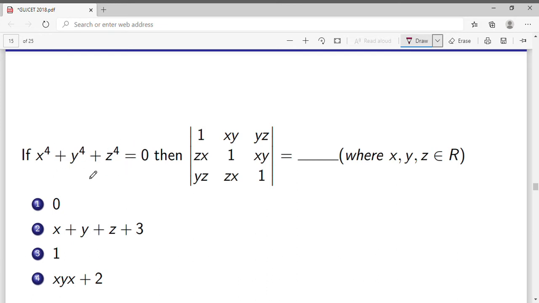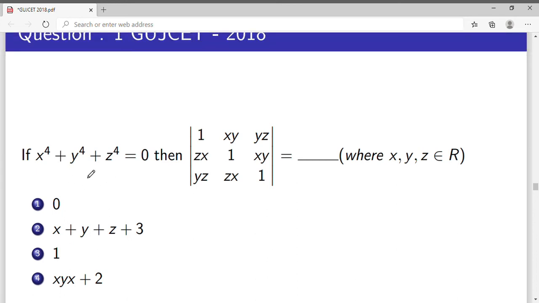So if we put values of x, y, z except 0, or any two values are 0 and the other value is non-zero, we get a result not equal to 0. So this condition is fulfilled only for one choice: x is 0, y is 0 and z is 0. Now we have to use this value to evaluate the determinant.